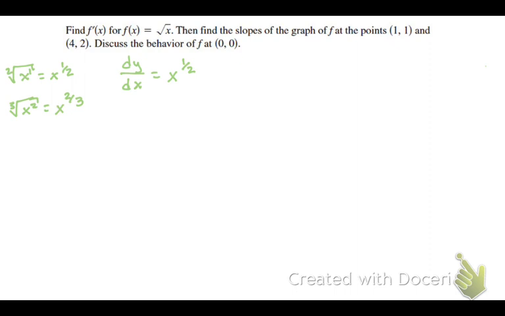So that's going to be the limit as h approaches 0. And again, it's f of x plus h minus f of x over h. And our answer is going to be 1/2 x to the negative 1/2, and then we're going to have to simplify it. Okay, so this in for this x.